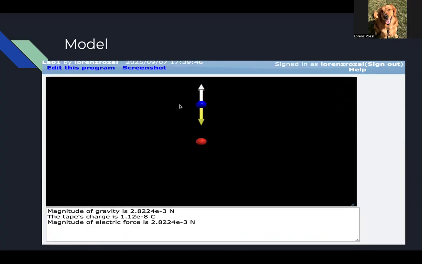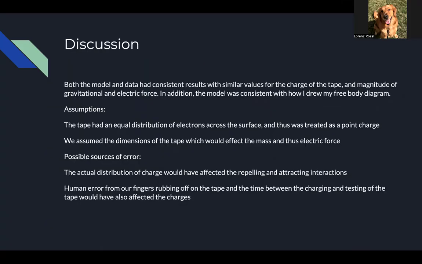And this is what it looks like. Obviously, you can see that the downward gravitational force is equal to the upward electric force. Both the model and the data had consistent results with similar values for the charge of the tape and the magnitude of the gravitational and electric force. The model was also consistent with how I drew my free body diagram beforehand.